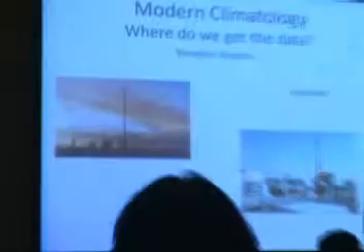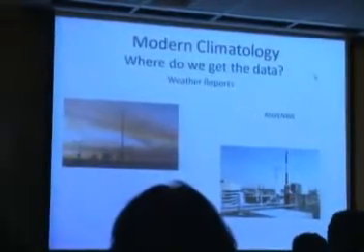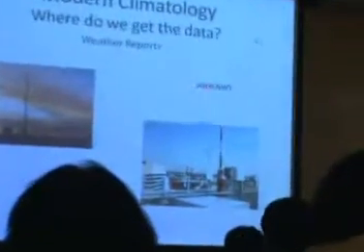Well, we still take these things today, but I know you're all interested in robotics. Instead of having human beings do it, it's all done automatically now. And this stands for Automated Surface Observing System. It's used by the National Weather Service and the military. So if you went out to Hartsfield-Jackson International Airport, somewhere out on the airport, now this is one on the roof of the National Weather Service office, this is one that's out on an airport, you'd see a system like this, and you can see that here's your wind measuring instruments.